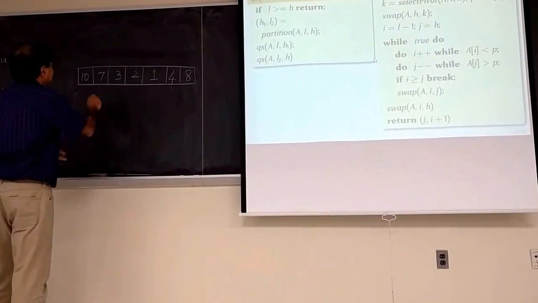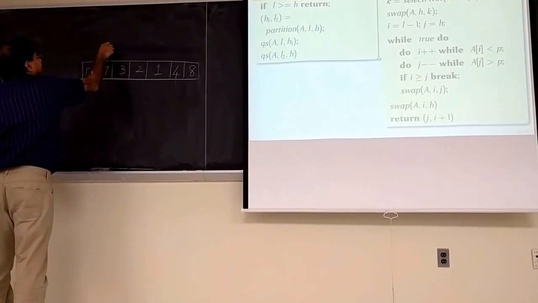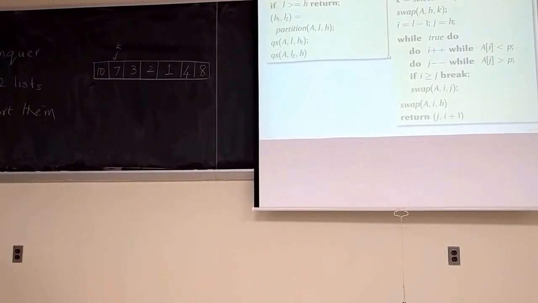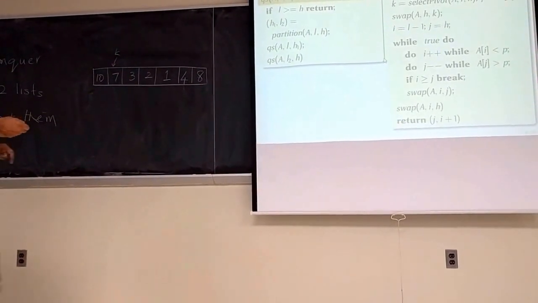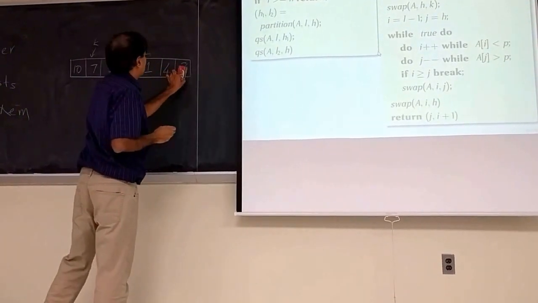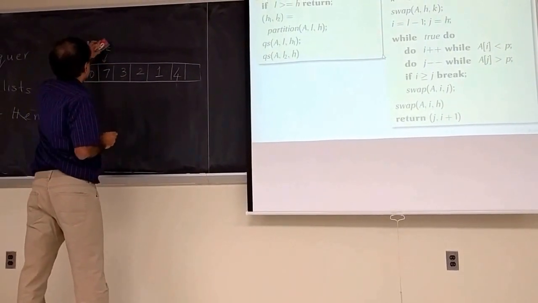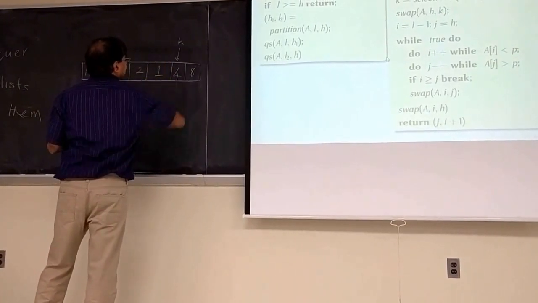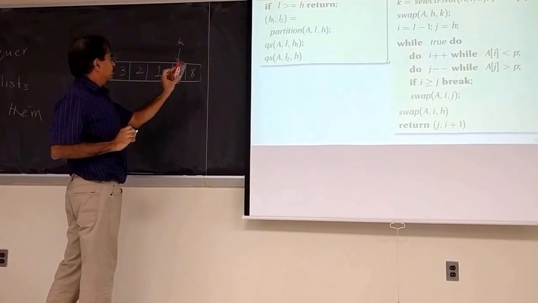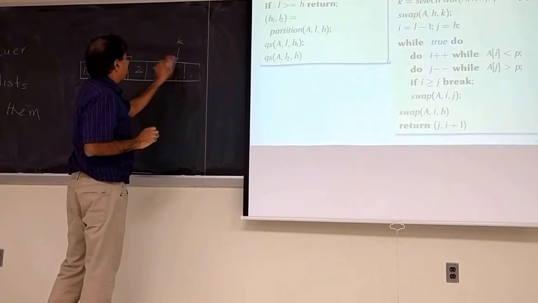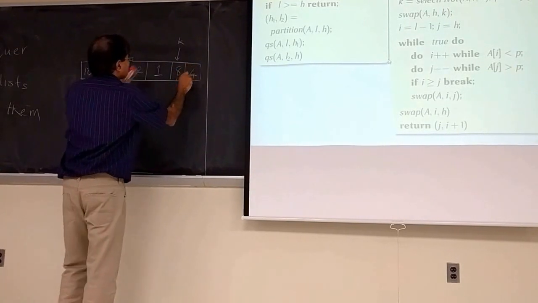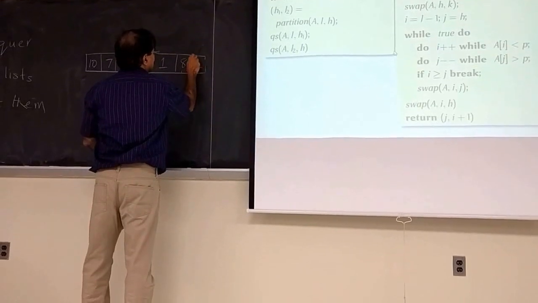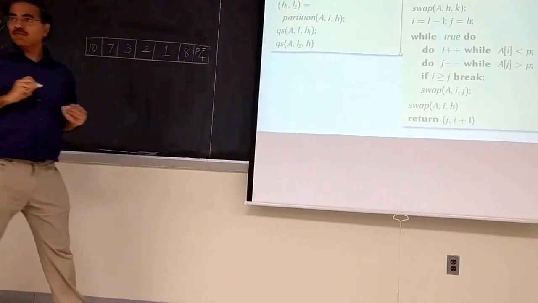Let's say the K happens to be 7, so we get K to be 7, and then we swap. Actually, let's take K to be 4. So we are going to swap these two. So 8 and 4 are going to be swapped. And so this is the pivot, P equals 4.